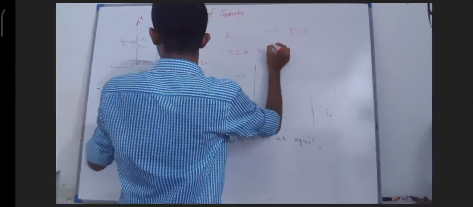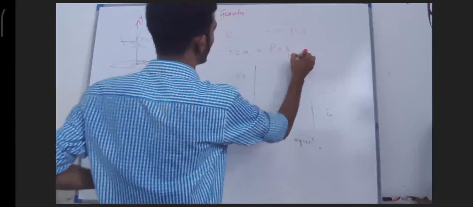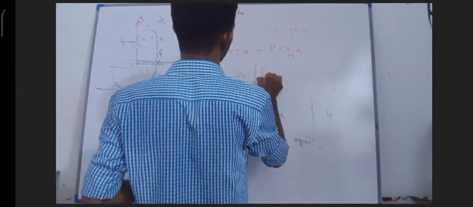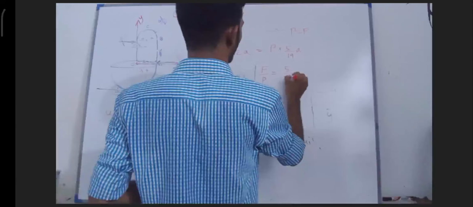So P into 5 by 19A. I can eliminate this A and this A. So F over P is equal to 5 over 38.